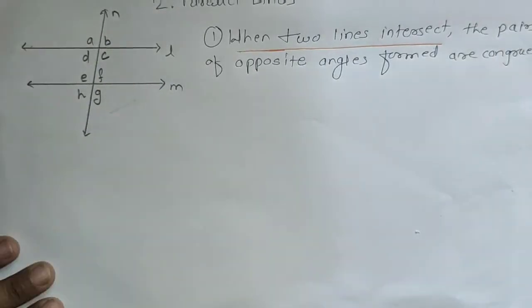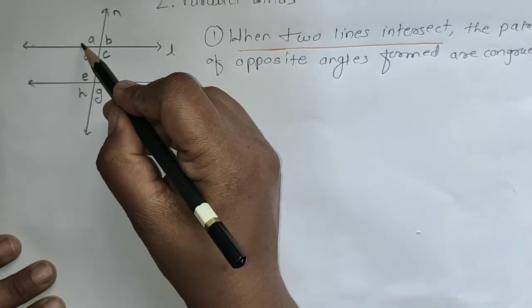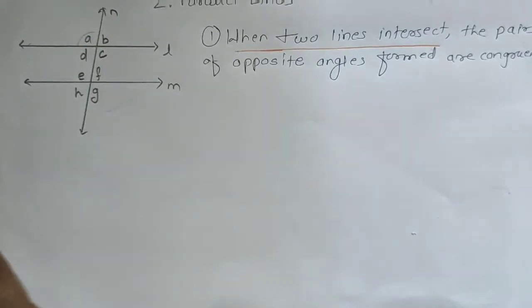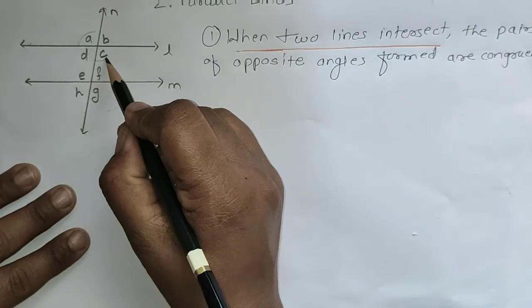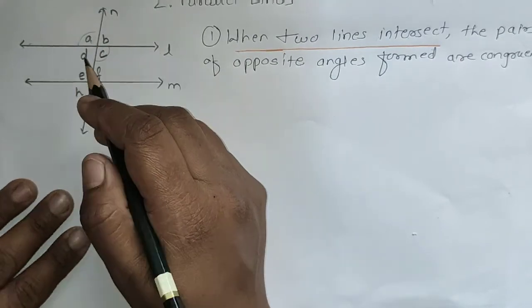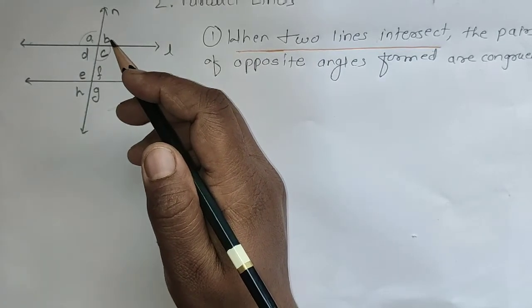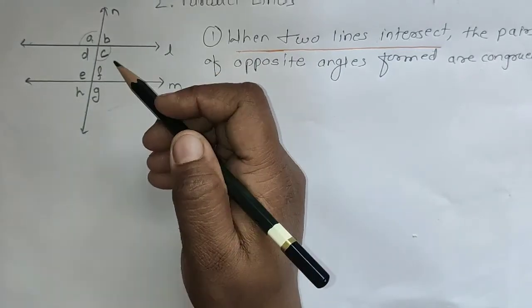So which pairs of opposite angles are formed here? If you see here, this is angle A, and its opposite angle is the one across when two lines intersect each other. These opposite angles are congruent to each other.